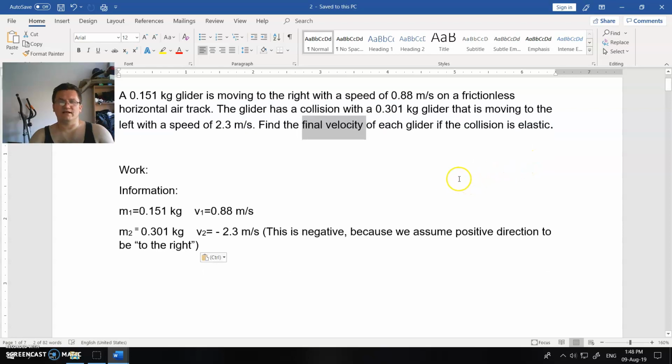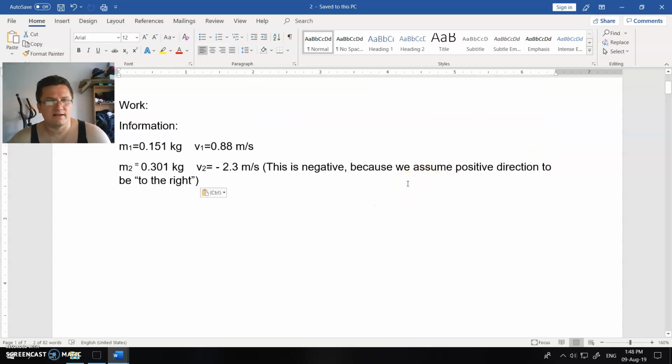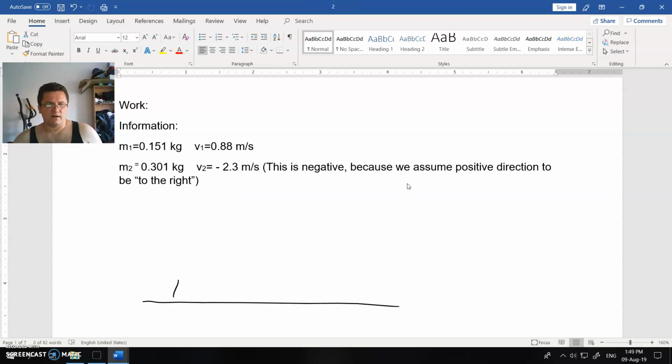If the collision is elastic, let's draw something like this. You have a frictionless surface, and you have one glider here that is moving in this direction, which we noted as M1, 0.151 kilograms, and its speed V1 is 0.88 meters per second.